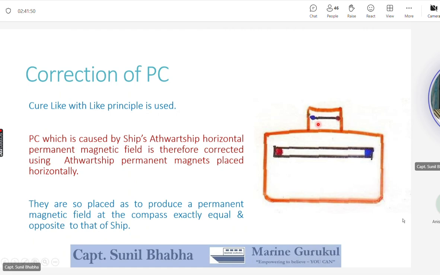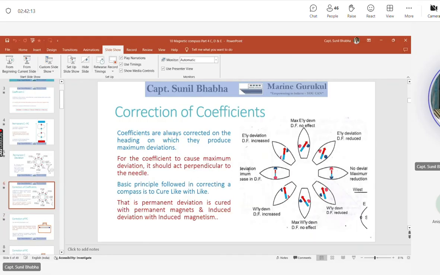The holes are made in the binnacle in the outward ship direction, and these magnets are placed in those holes, making sure that the ends of the corrector magnet are opposite to the ends of the ship's permanent magnetism in the outward ship direction. So this is the previous slide, beta.